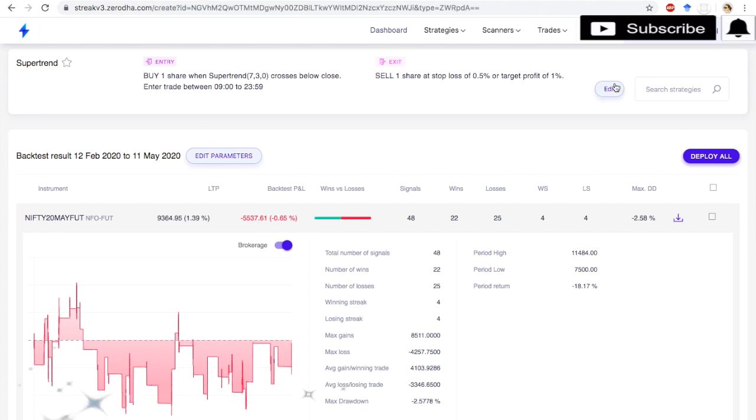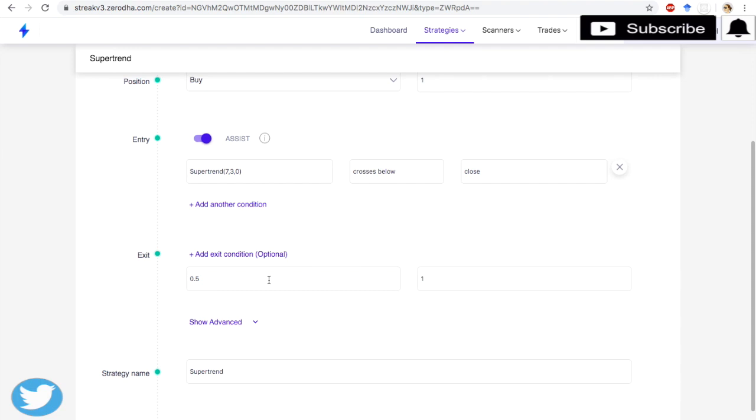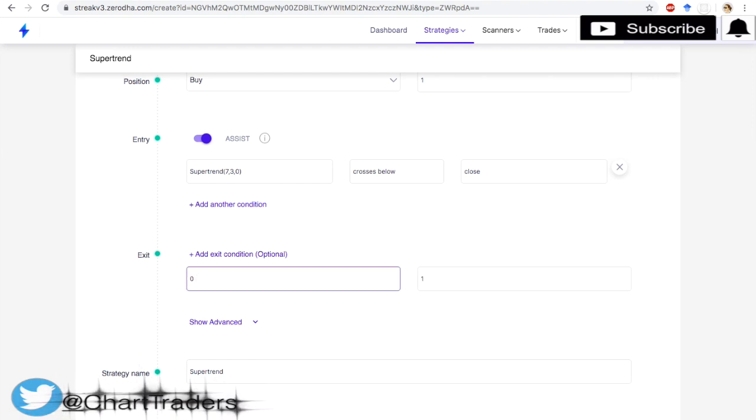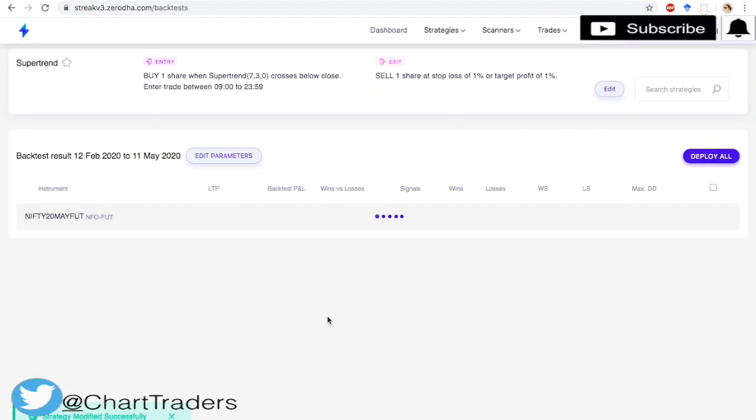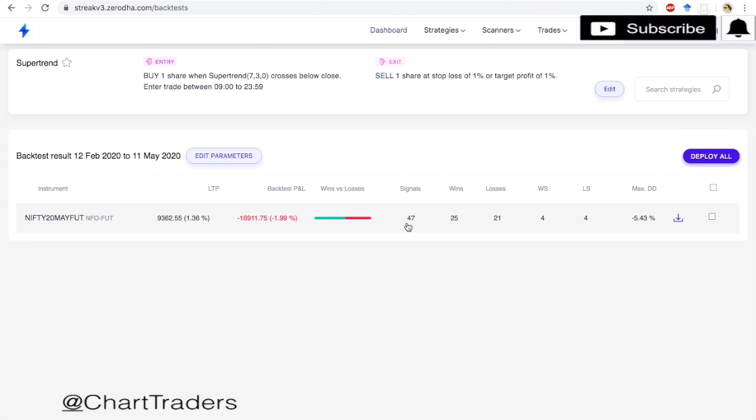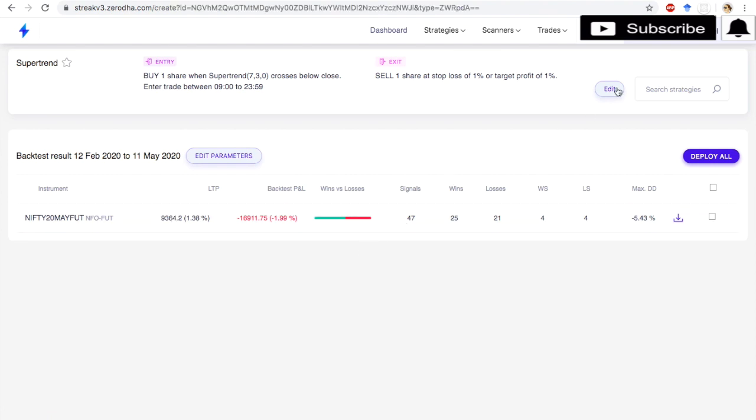So I just want to modify that algorithm. Instead of 0.5, I will take 1 percent, just because we want to analyze. Yeah, minus 16,000.